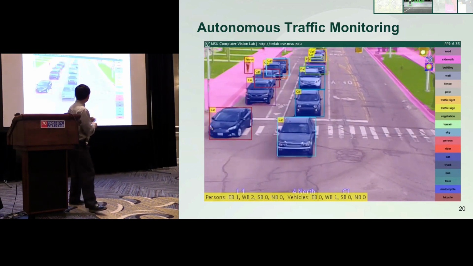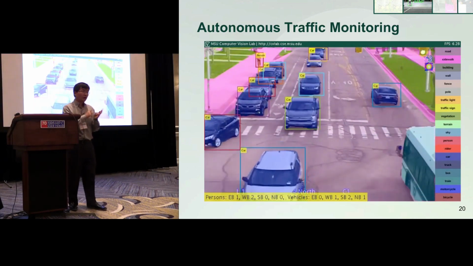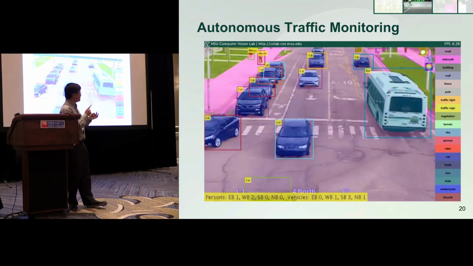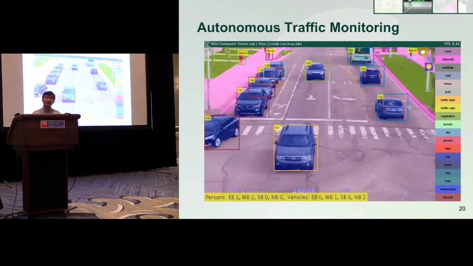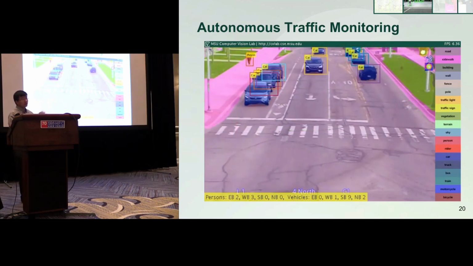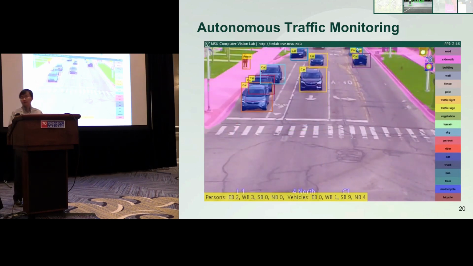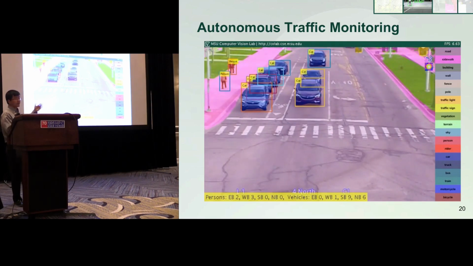As you can see here, we do multiple object detection, including cars, riders, buses, and people. Everyone is being detected and tracked. In the meantime, at the bottom, you can see that we can estimate the traffic flow of people as well as vehicles, in terms of eastbound, westbound, southbound, and northbound.